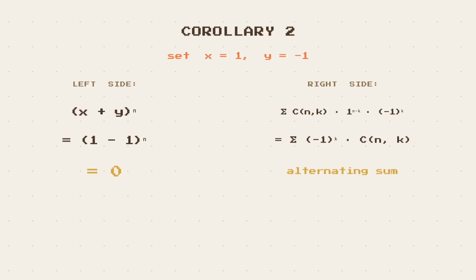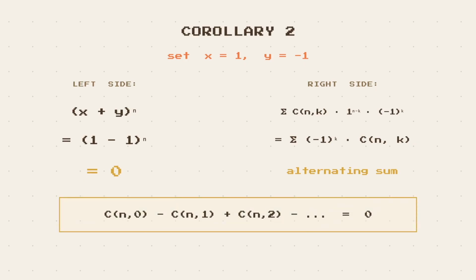It's positive when k is even and negative when k is odd. This gives you the result C(n,0) minus C(n,1) plus C(n,2) minus C(n,3) and so on, and this total equals 0.